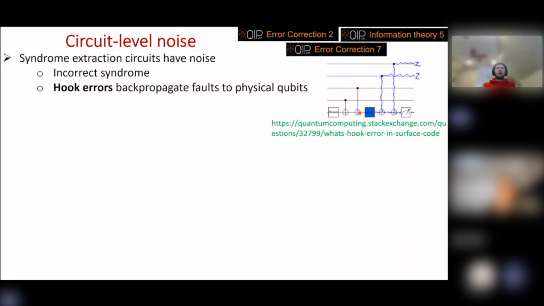So let's say you have some error here, and the C0 gate, if it's a Z error, the C0 gate may propagate it, and if you permute a Z error through a C0 gate, we'll get a Z error on this side, and now because you have two C0 gates, you have two Z errors that have occurred from the Z error acting on the two physical qubits. These are called hook errors, and they so-called backpropagate to the physical qubits. And you want to make sure to avoid them, and there's different tricks to avoiding them.